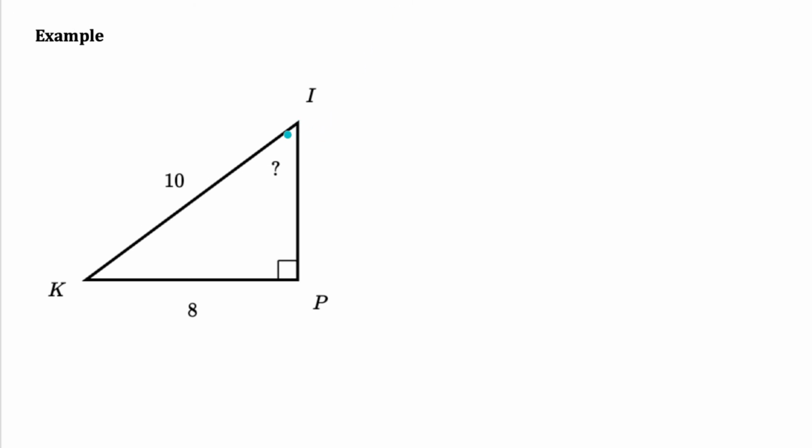All right, so we're looking for the measure of angle I. Again, we'll replace that question mark with a theta, because that's a better variable than a question mark, and we'll use it this time as well. So let's think about, in terms of theta, what information do we have? Well, we have the side opposite theta. We know that that's 8, and we know this is the hypotenuse of my right triangle, so we know the hypotenuse is 10.